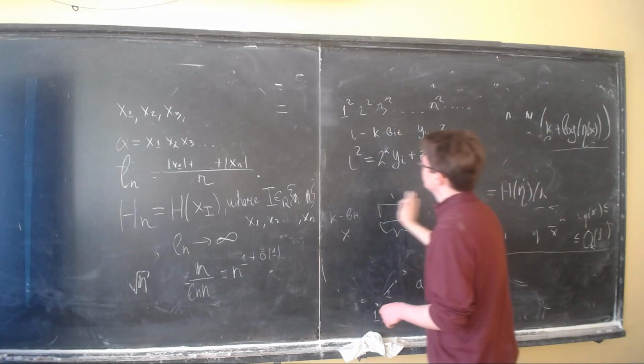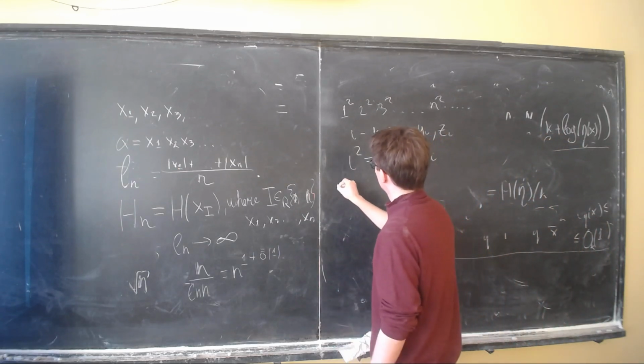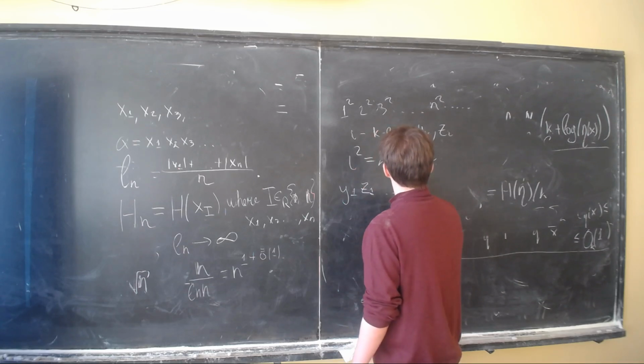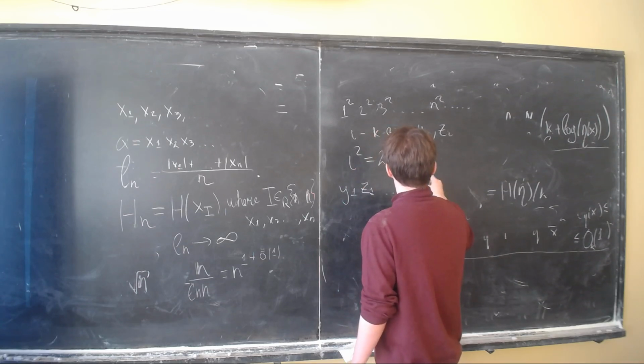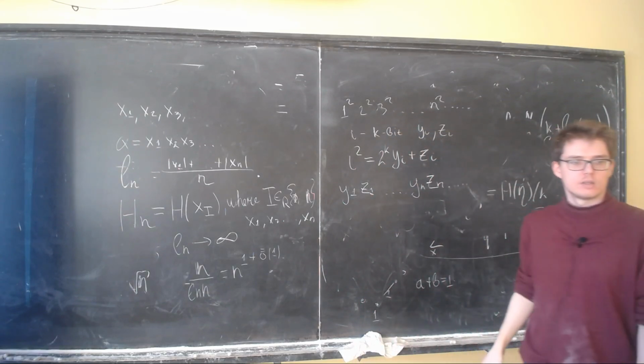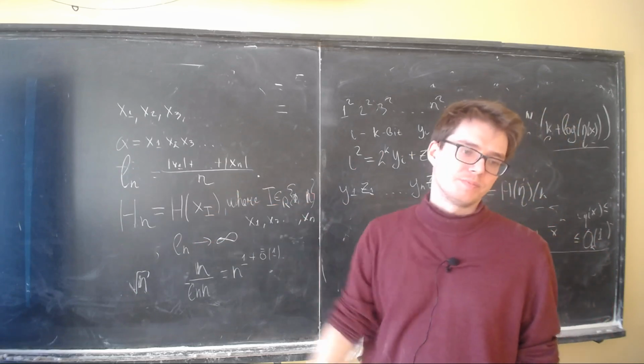So my sequence will now be y1 z1 and so on, yn zn and so on. And this will be my splitting for which I will use my theorem.